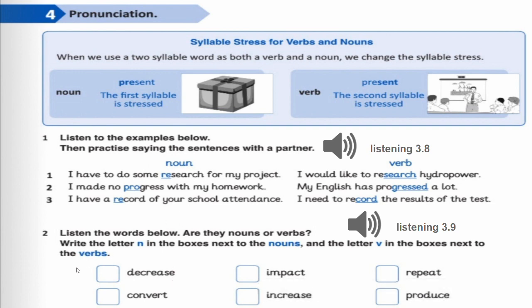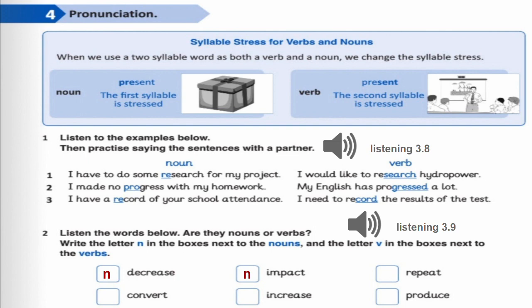Listening 3.9. Decrease, decrease. First syllable, good. Impact, impact. Repeat, repeat.